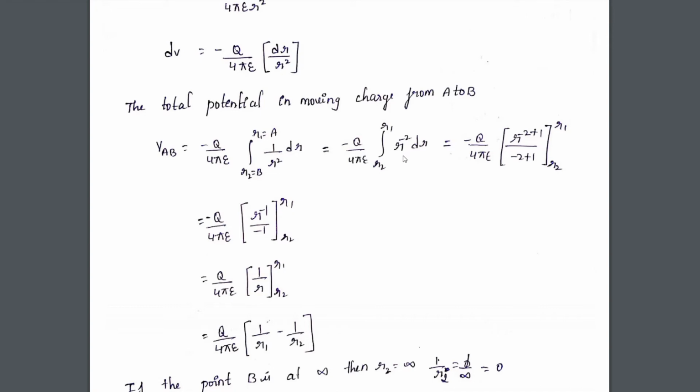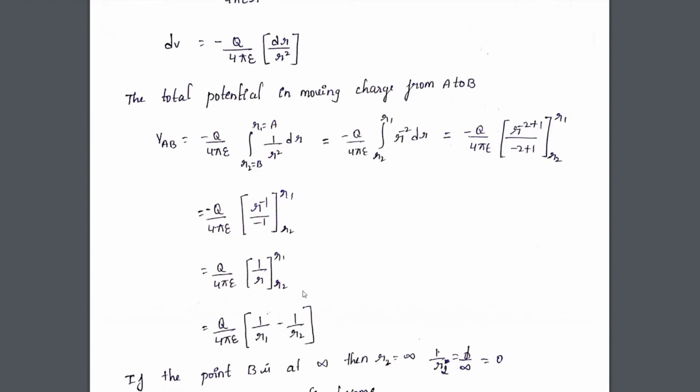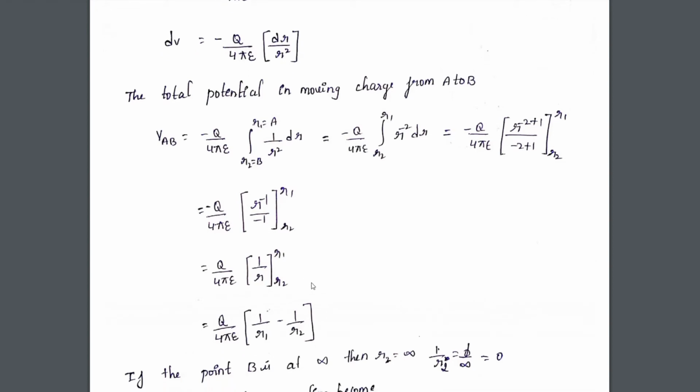The integration of r power minus 2 into dr is r power minus 2 plus 1 divided by minus 2 plus 1.